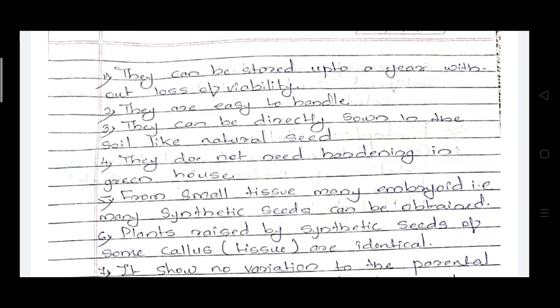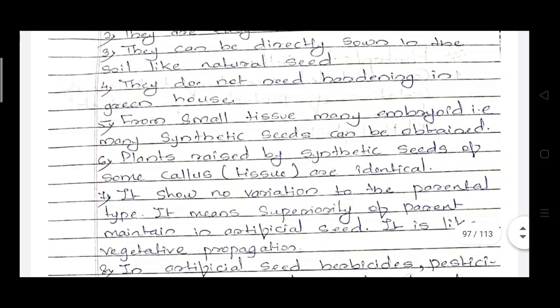Then from small tissues, many embryos, that is, many synthetic seeds can be obtained. Plants raised from synthetic seeds of some callus are identical. It shows no variation from the parental types. It means the superiority of the parents is maintained in artificial seeds.